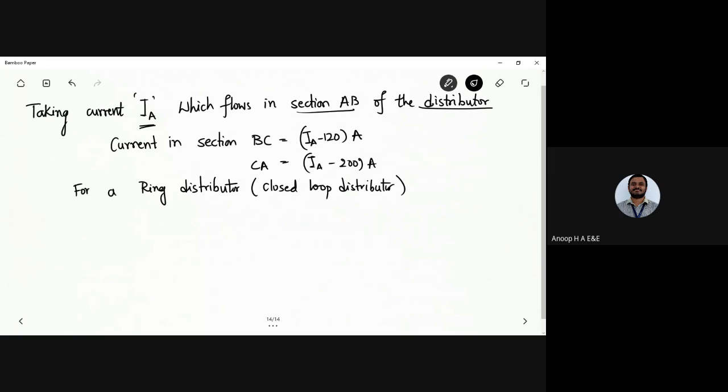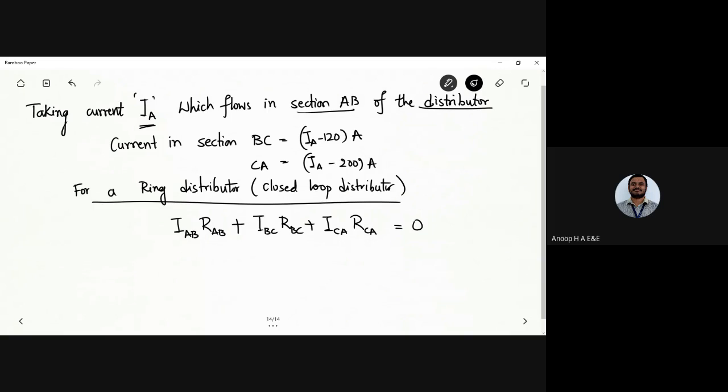So in case of a closed loop distributor, I take the current and also the resistance in that section. So I take current IAB into RAB, plus IBC into RBC, plus ICA into RCA, and that would be equal to 0.